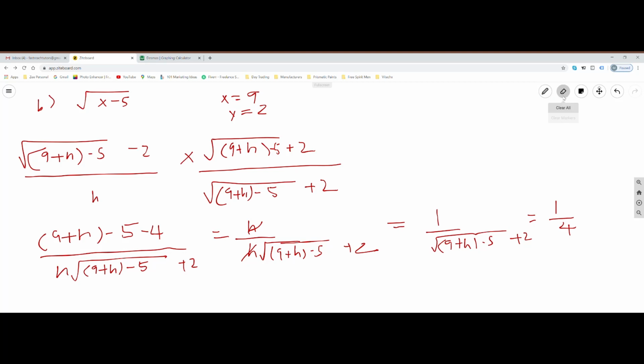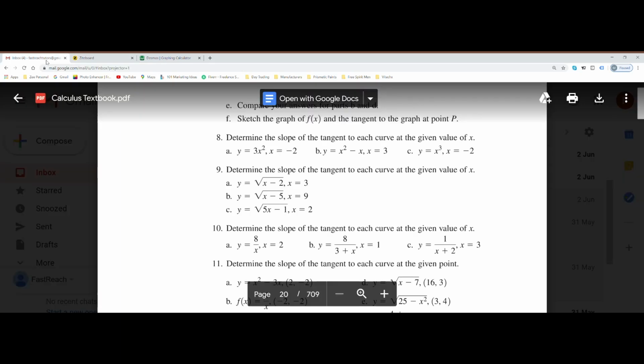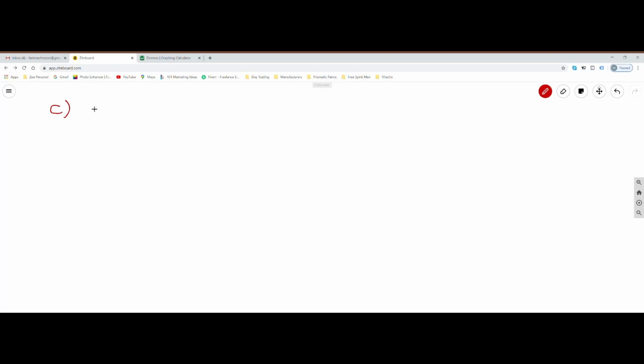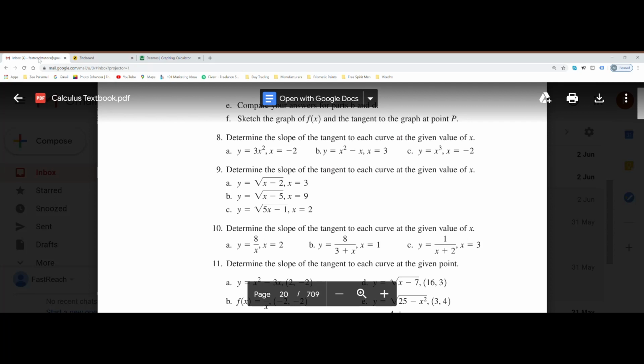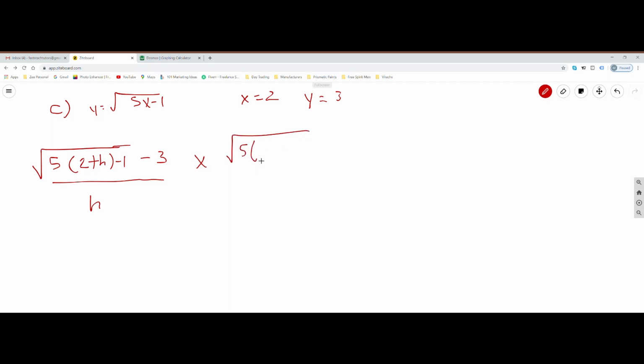That's the answer for B. Now let's look at C. We're multiplying by the conjugate.